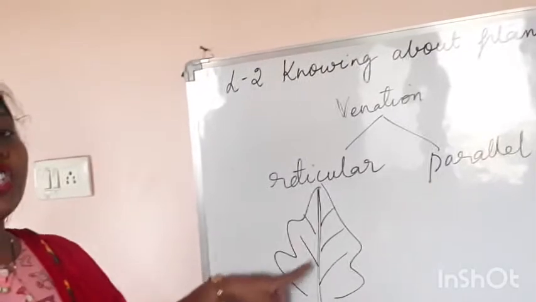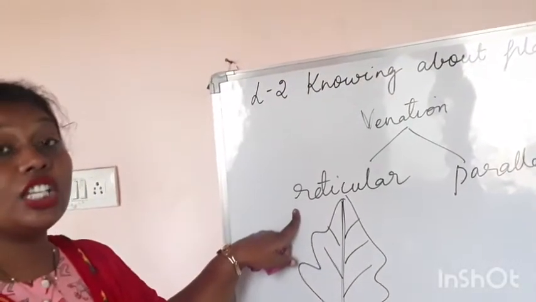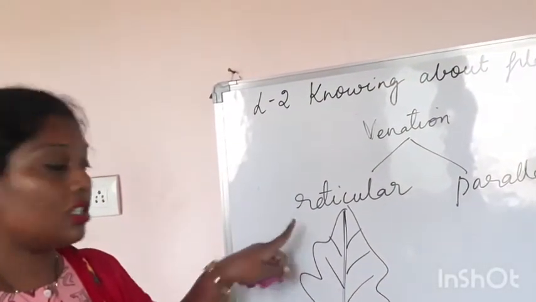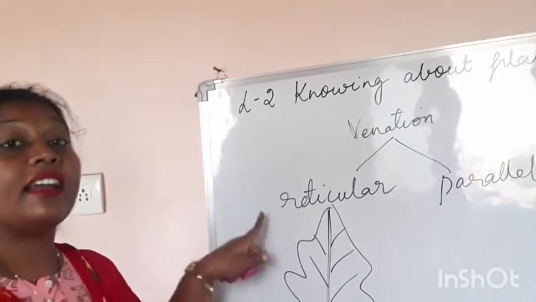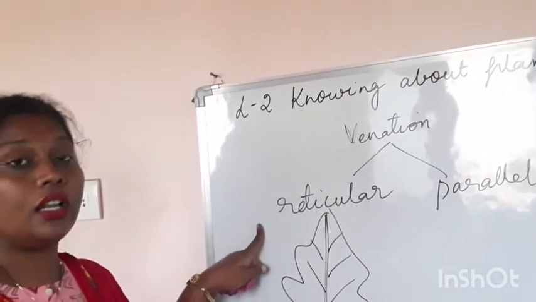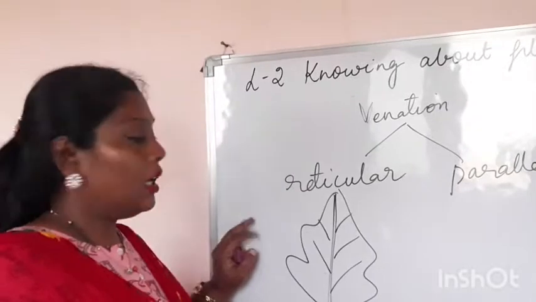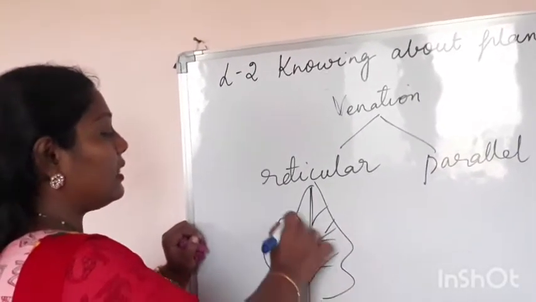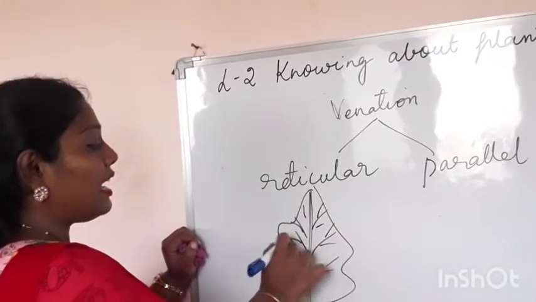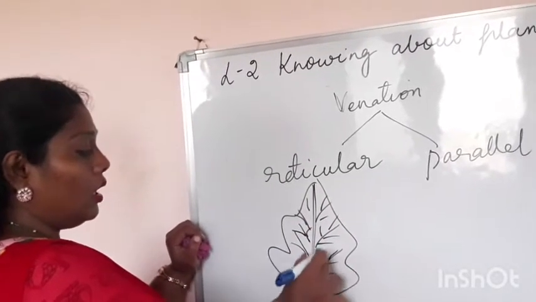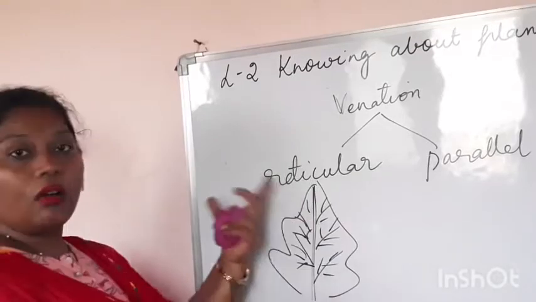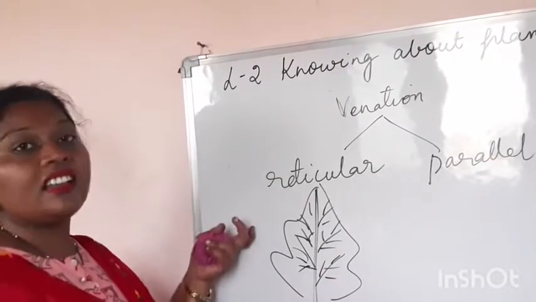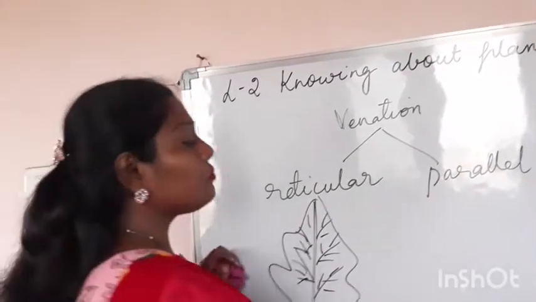Such venation is called reticular venation. In this reticular venation we can see the veinlets also coming like this, so that it is looking like a web. It looks like a spider web. Isn't it? See here children, such kind is called reticular venation.